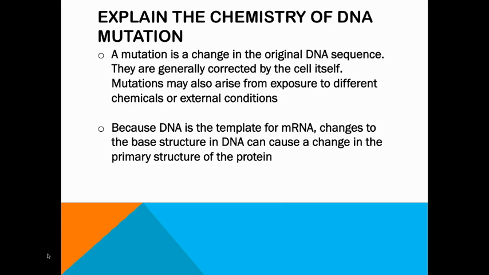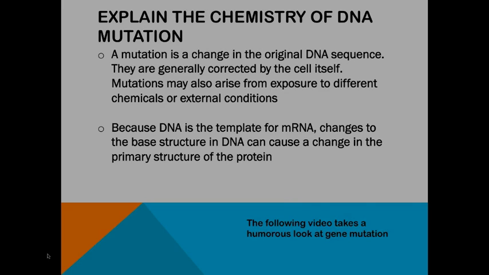Because DNA is the driver or the template of messenger RNA, changes to the base structure in DNA will likely cause a change in the primary structure of the protein. The following video will give you a humorous look at gene mutation.